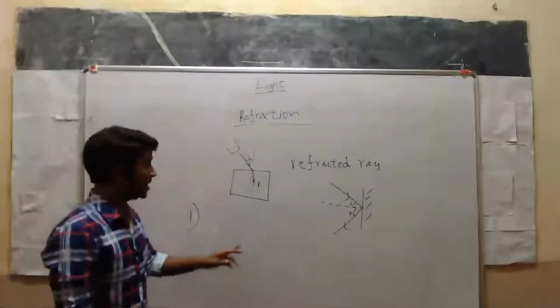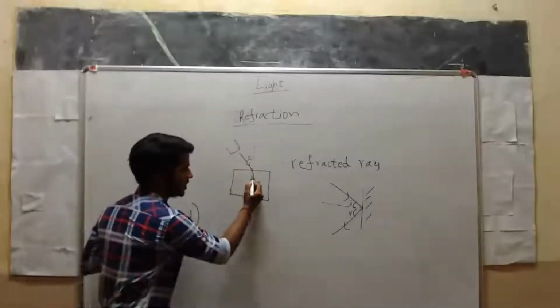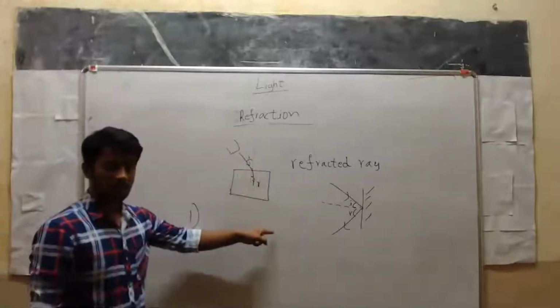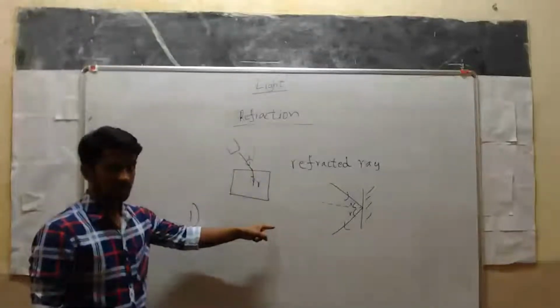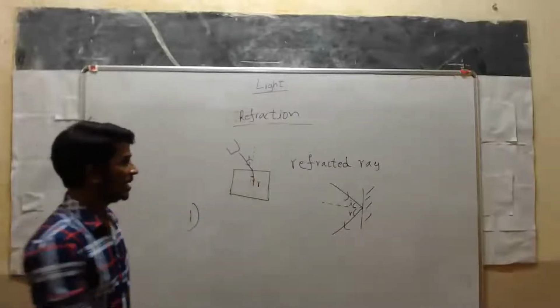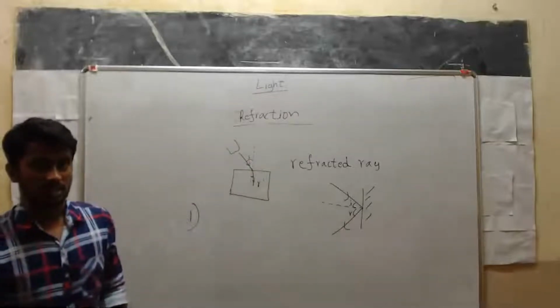Do you think that here also the angle of incidence is equal to the angle of refraction? If it were the same, there would be no bending of light. But here the ray bends, so clearly the angle of incidence is not equal to the angle of refraction.